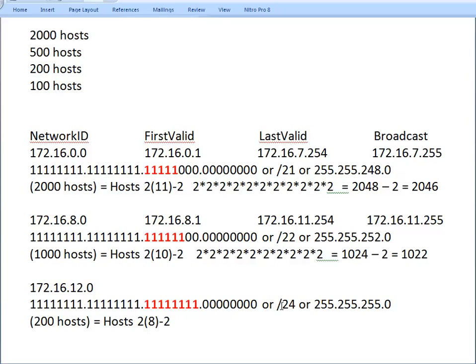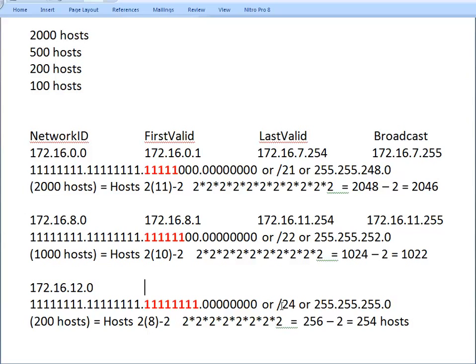So with 8 zeros, the formula will become 2 to the power 8. 2 times 2 is 4, times 2 is 8, 16, 32, 64, 128, 256. So this will be 256 minus 2 is 254. So this will give us 254 hosts, 8 bits.